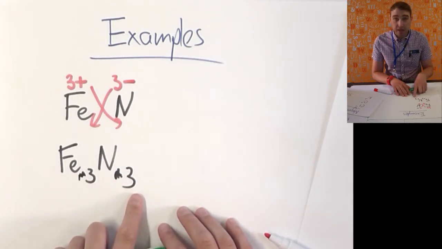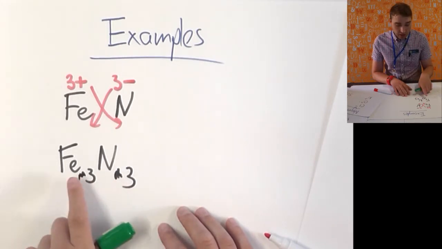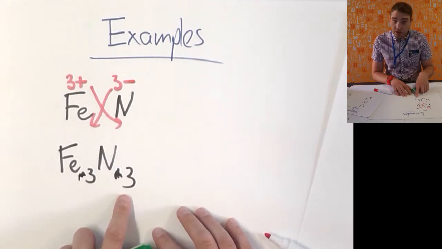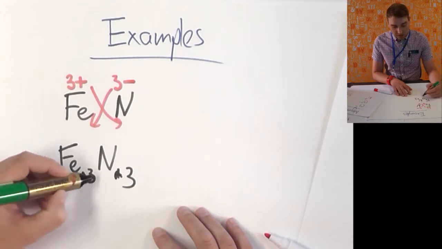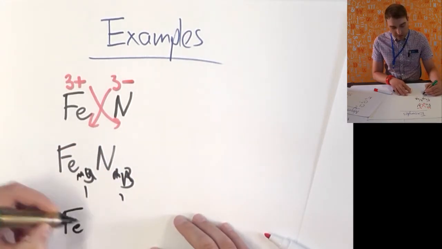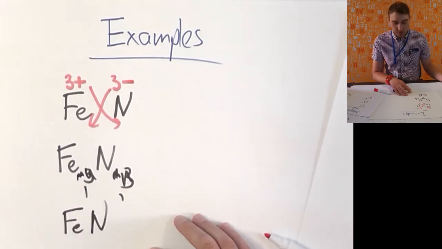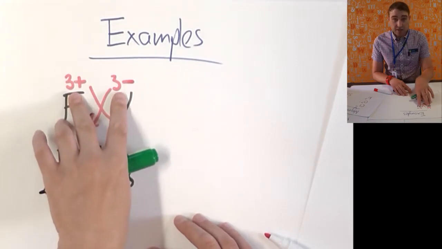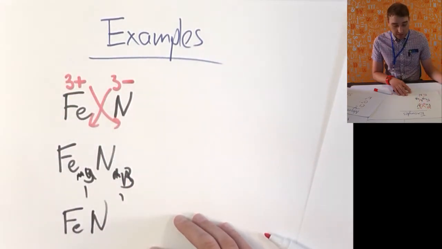We need to simplify that and bring it down to the lowest number. 3 to 3 is the same as 2 to 2, which is the same as 1 to 1. So in this case, because the lowest ratio is 1 to 1, all I need to do is write out the symbols together. So FeN. So ferric nitride, the formula for ferric nitride is FeN. That means because they both have the same charge, those charges cancel out and they stick together.